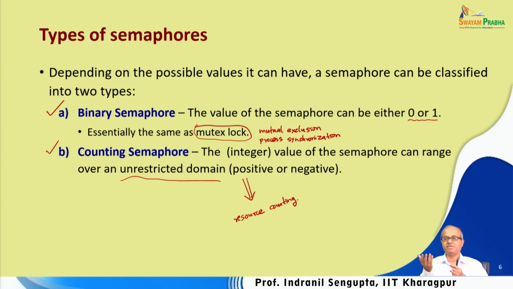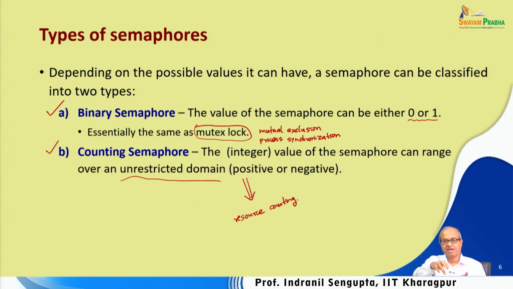For example, let us say you are reading some kind of data, and you are storing the values in a buffer. You want to keep track of how many data values you have stored in the buffer. For that you can define a counting semaphore, and every time you store an item in the buffer, you call signal with that semaphore name, and the value will increase by 1, 2, 3, 4.